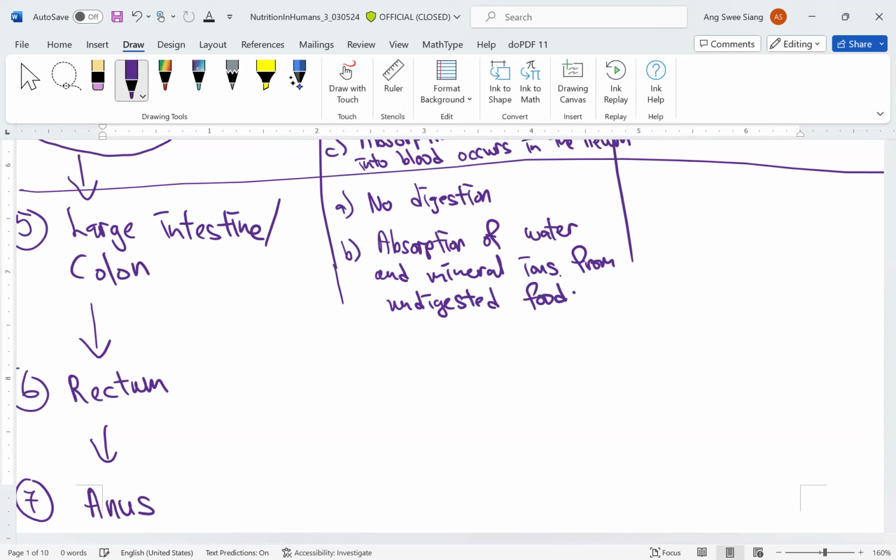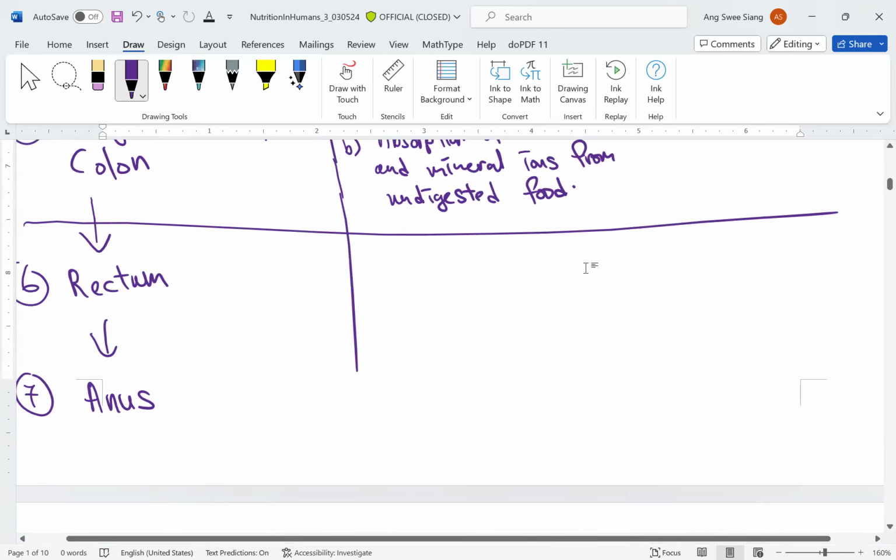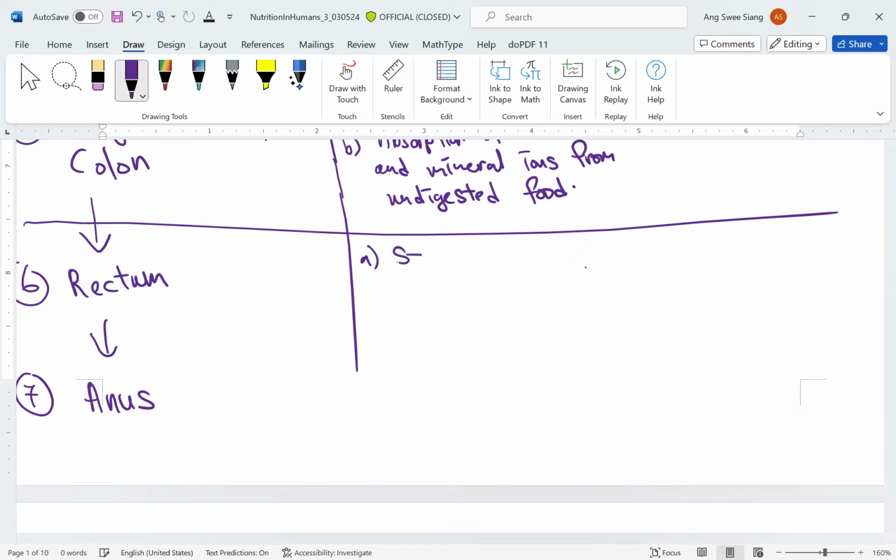That's the thing that I want to write for the large intestine. Then the rectum stores the undigested food temporarily, stores feces, or undigested food.